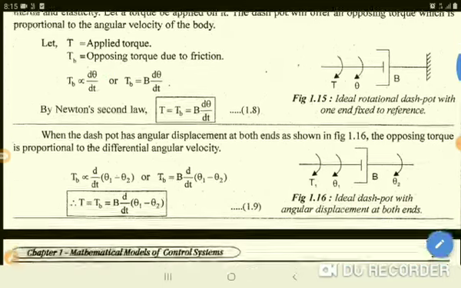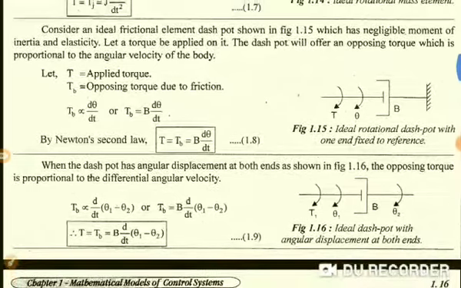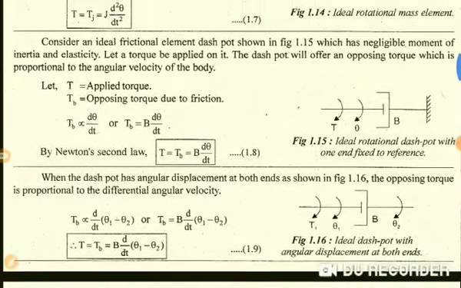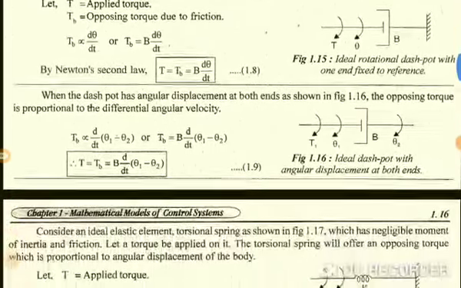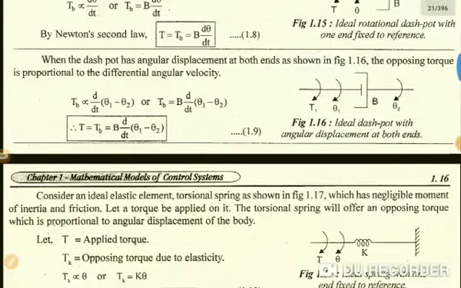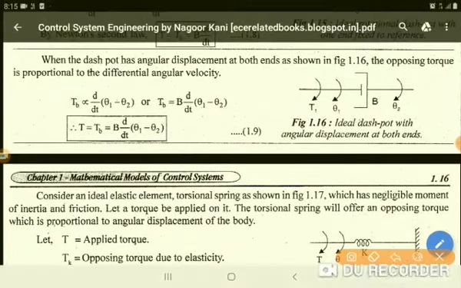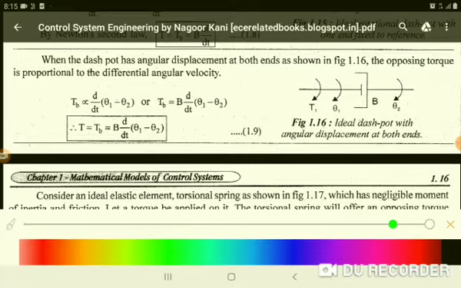Again for the same dashpot, what will happen when it is connected with angular displacement at both ends? See here, the dashpot is connected in between two ends.